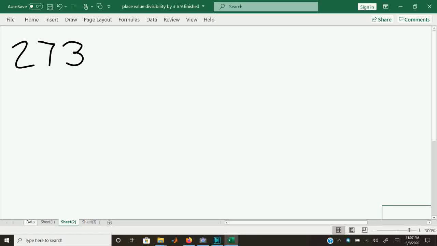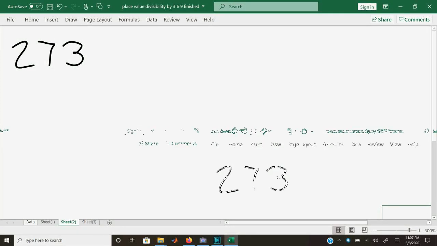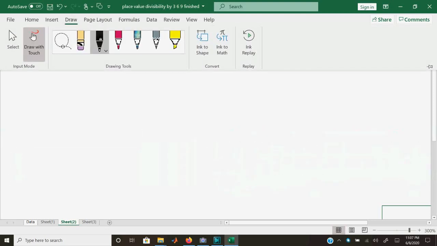I did the 9s first because you saw the 9s are kind of easier to figure out. I'm going to do the 3s now as well, kind of using the same idea. To see if this is divisible by 3, I'm first of all going to break it up as we did before.